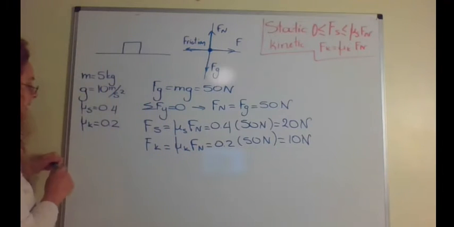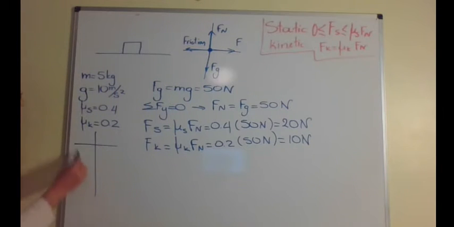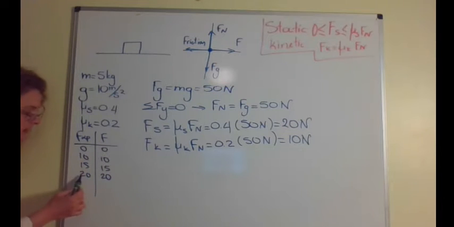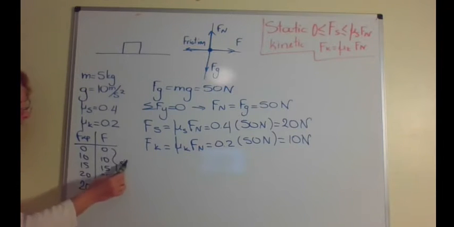So if I would make a table with my applied force and friction, if my applied force goes from 0 to 20, the friction will be static and it will be exactly the same. But if my force becomes anything more than 20, 20.1, the object will start moving and it won't be static anymore.